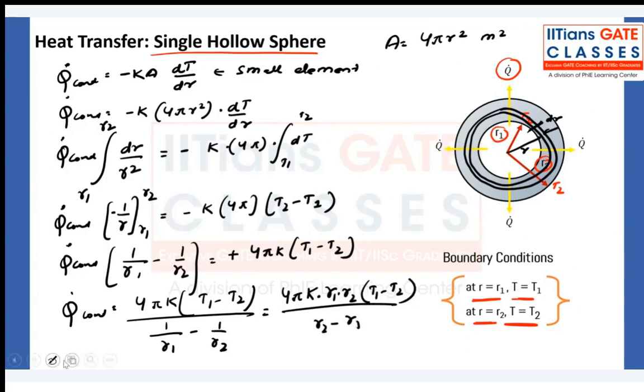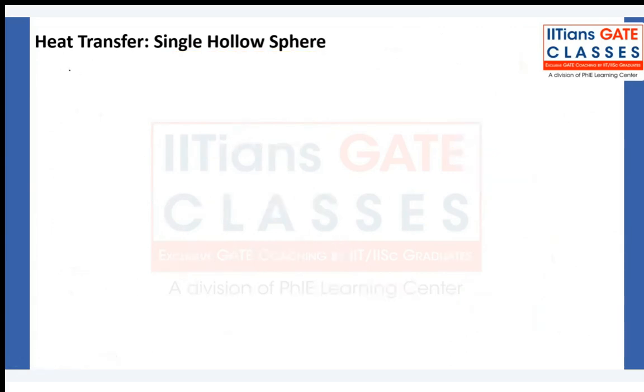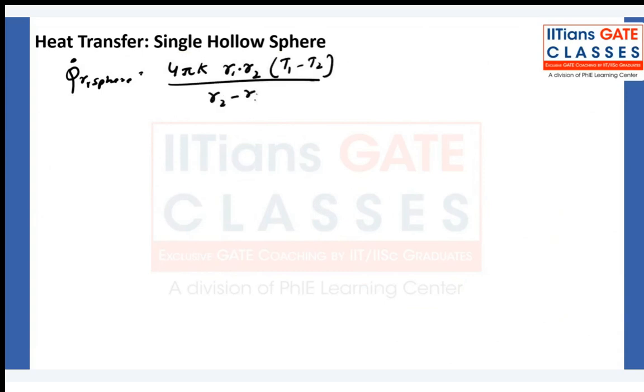This is the most frequently used equation. So let me summarize here. What did we find out? Q dot conduction in a sphere is equal to 4 pi K times inner radius times outer radius times (T1 minus T2) over (R2 minus R1).